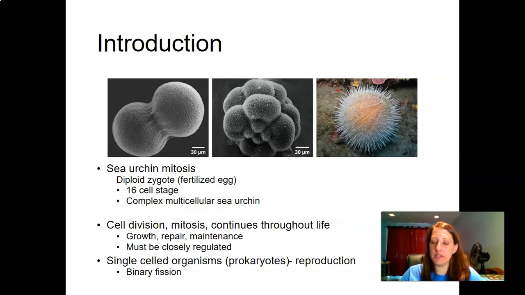So this image is right from your textbook. I really like how this image shows beautifully some cell division. All three images are the sea urchin. This is an animal that lives in aquatic environments. It's multicellular. And if we take a look at the first two images, those are taken with an electron microscope.